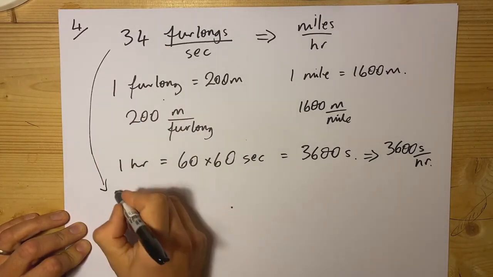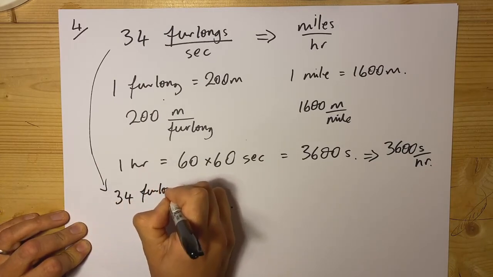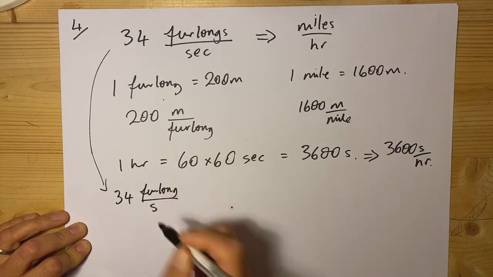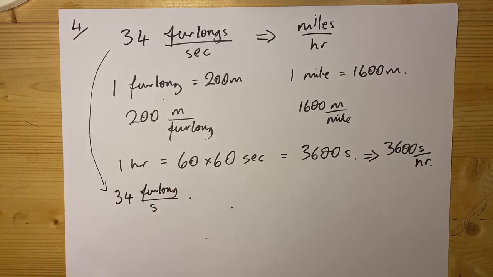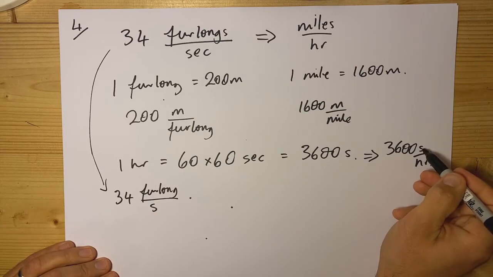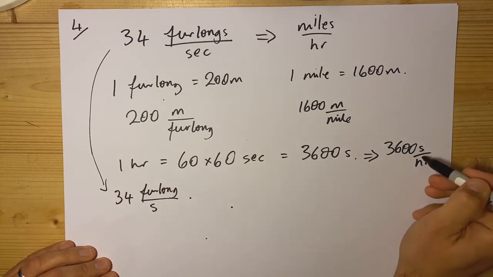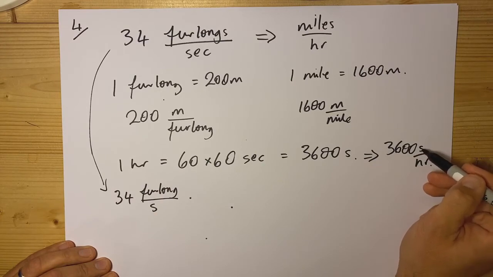Okay, let's have a look at this conversion now. What's the equation that we're going to do? So we've got 34 furlongs per second. Just give that an S. Let's think about multiplying. Let's deal with the time, because that's easy. So seconds per hour. This is already the right way around for us, because it's got seconds on top and hours underneath.